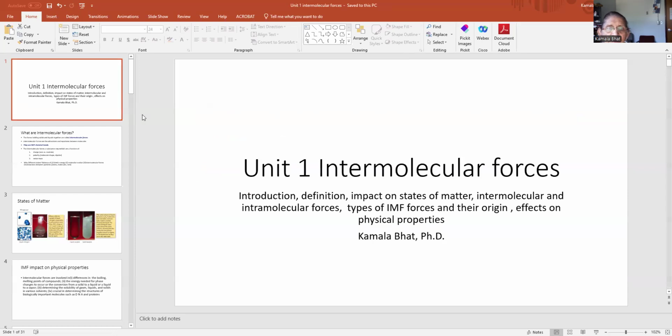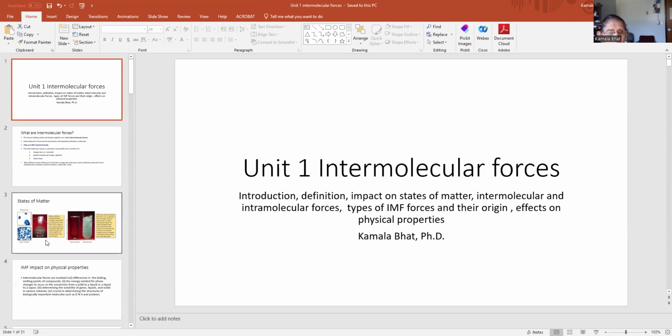So this unit, which is the first part of chapter number 11, titled Intermolecular Forces, basically deals with the introduction, definition, impacts on states of matter, intermolecular and intramolecular forces, types of IMF forces and their origins, and effects on physical properties. So those are the basic objectives for the first part of this chapter.